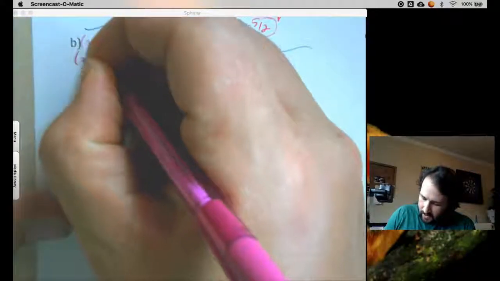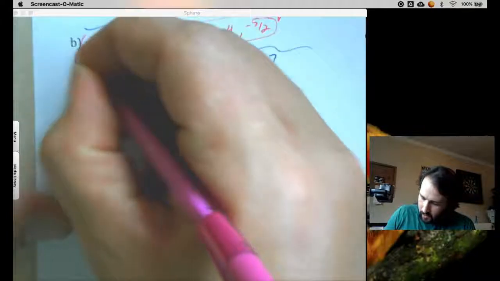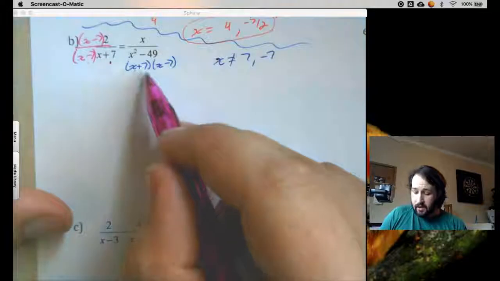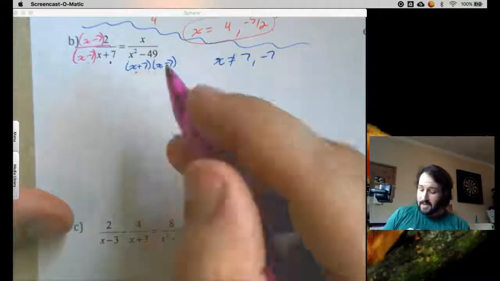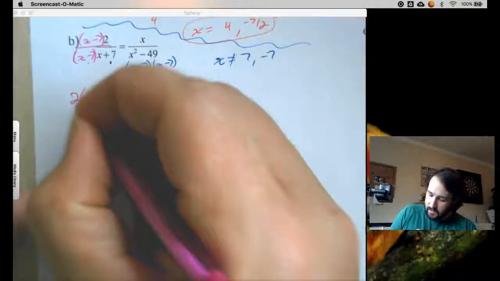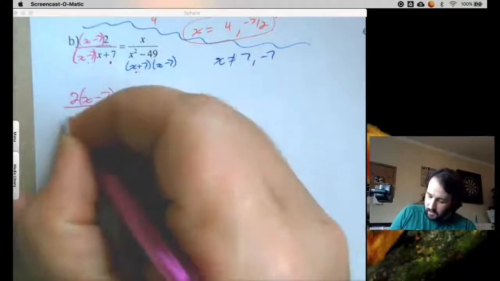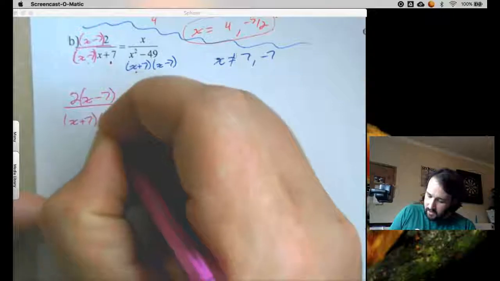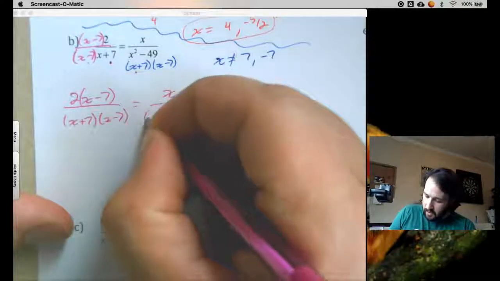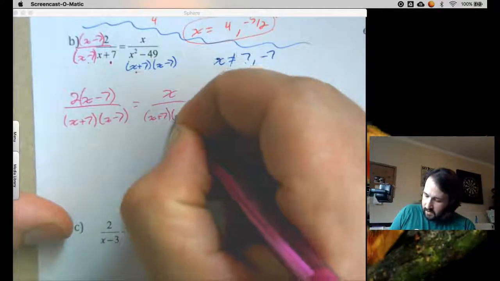And I like to get a common denominator with these, and here's why. If I get a common denominator, so now this is x minus 7 over x times x plus 7, and x plus 7 times x minus 7, since the denominators are the same, I have 2 times x minus 7 over x plus 7, x minus 7 equals x over x plus 7, x minus 7.